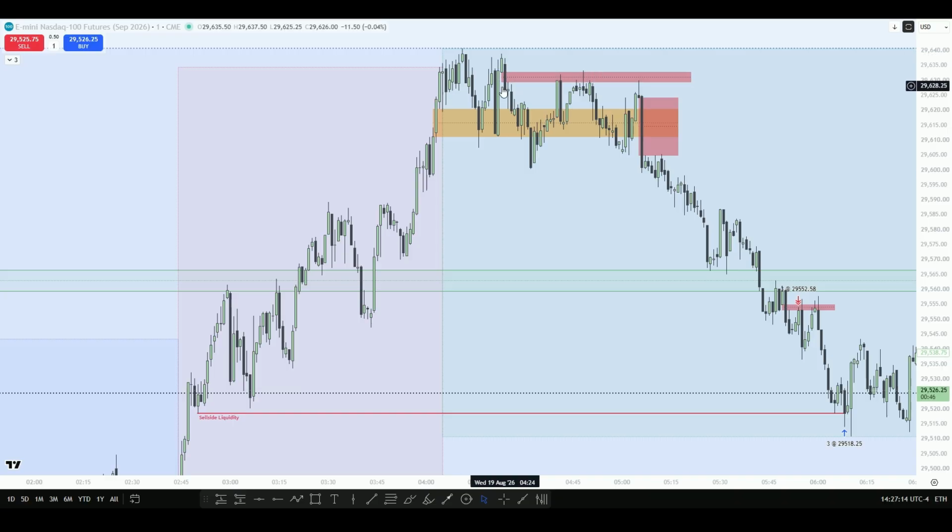So we form another CB, which is then respected several times here, and then we displace one more time here, and we are provided with another entry to go short.